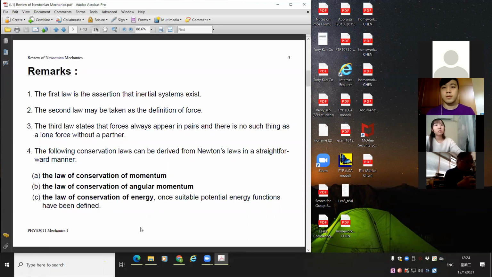So for example, the gravitational force, the force of the spring-mass system, and electromagnetic forces, electric force, magnetic force. Once all these potential energy functions are well defined, then we can derive the law of conservation of energy. Okay.